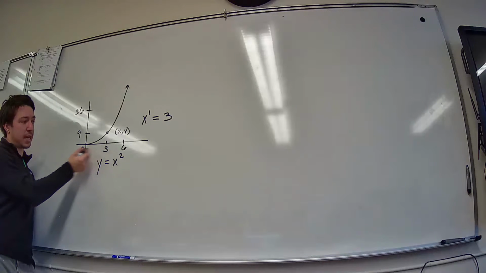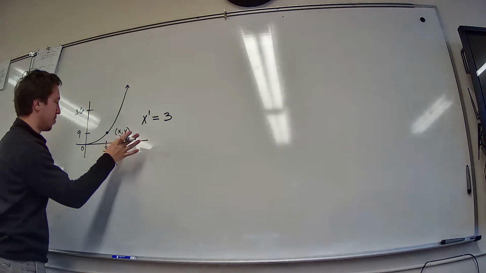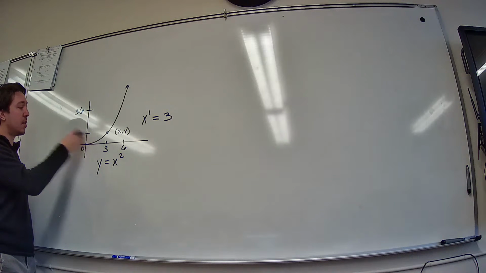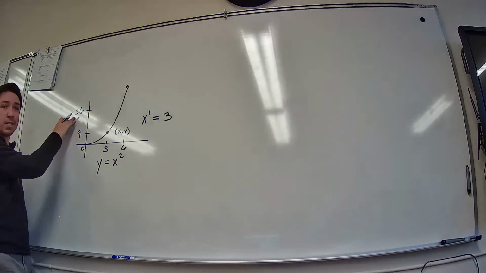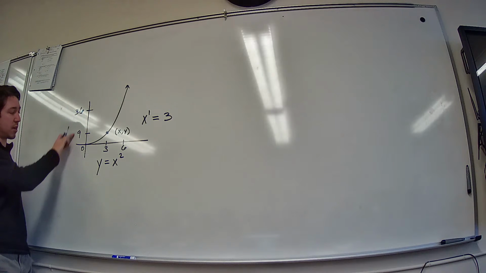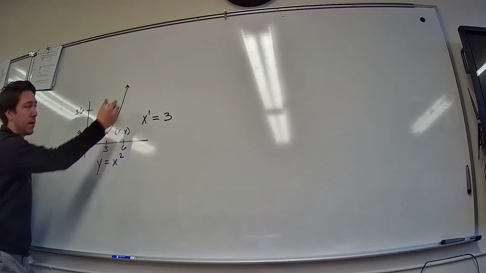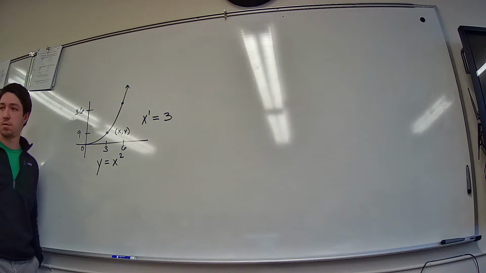So during the first second, you get to 3, 9. And then during the next second, you get to 6, 36. So during the first second, y increased by 9. During the second period of time, it gained 27. Does that make sense?